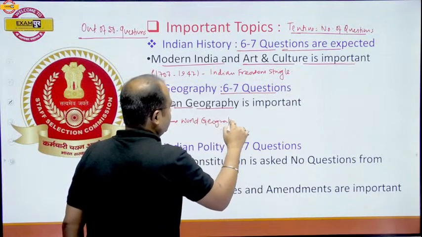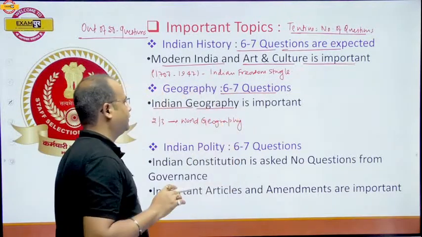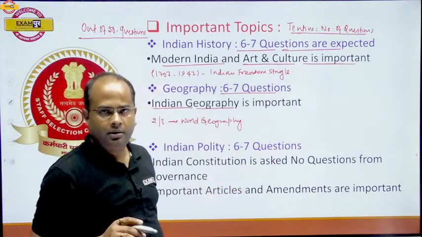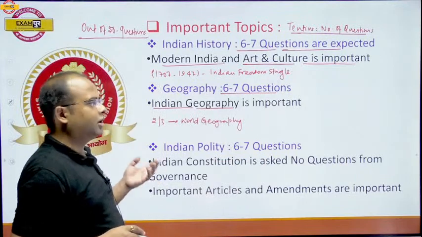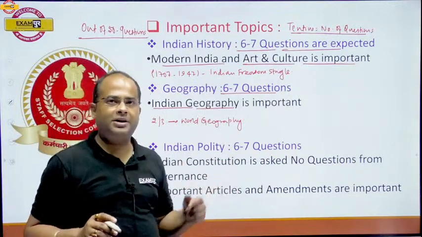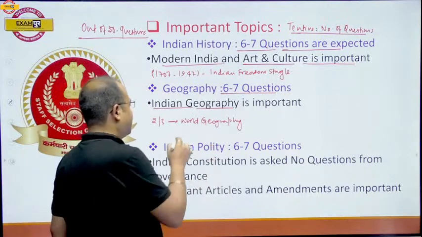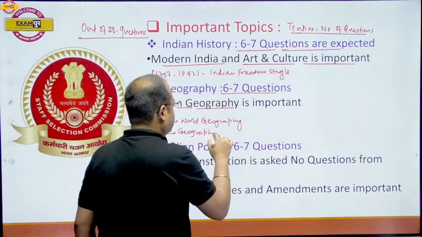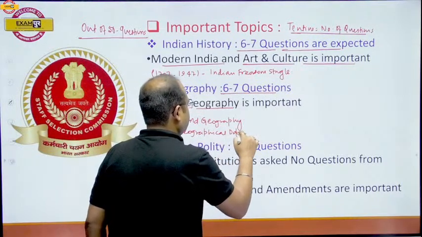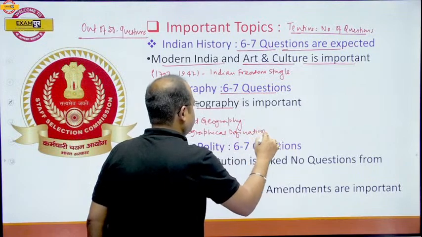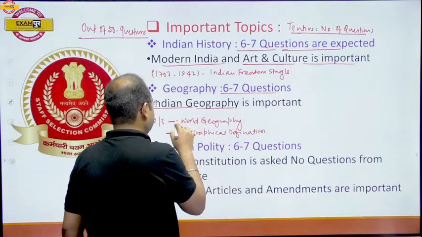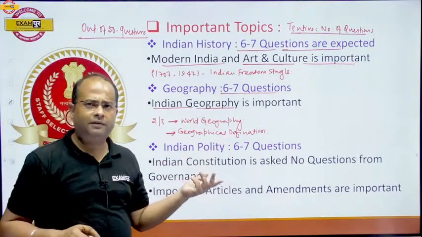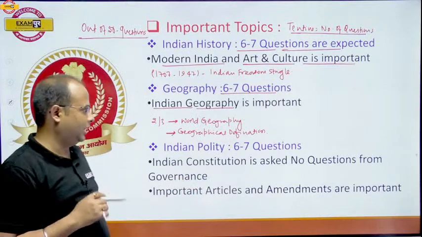They may ask 2 to 3 questions from world geography also, because world geography plays a pivotal role in deciding the questions. In world geography, they can ask you about the names of states, and they can ask you geographical definitions also.